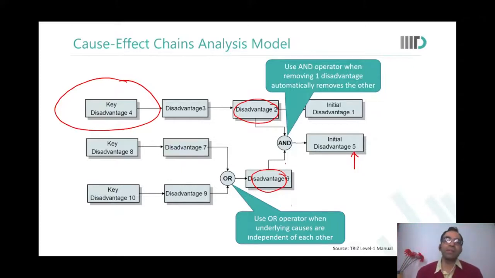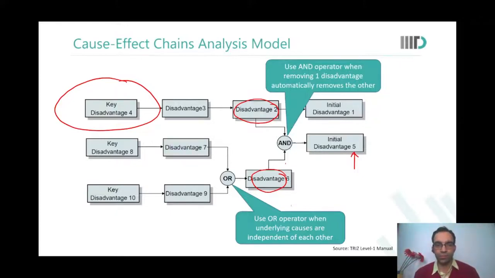But in this example, just solving key disadvantage 4 would solve both the initial disadvantages. This clarity you get only when you make this kind of a map, and that is why we introduce CECA as an important step in the problem identification phase.